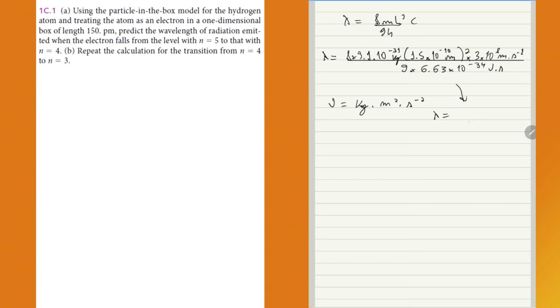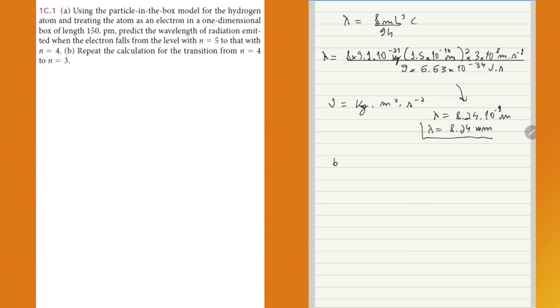Let me put here, I shift the Portuguese notation to English notation. The units cancel, so it leaves lambda equal to 8.24 times 10 to the negative 9 meters, which is equal to 8.24 nanometers. That's the answer for letter A.